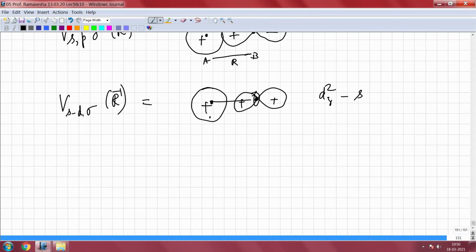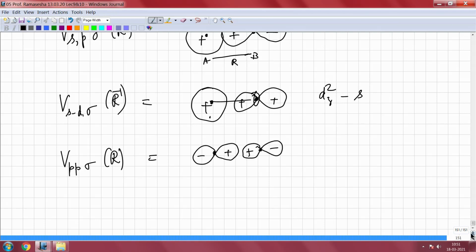And when it comes to interactions amongst the p orbitals, I can have VPP sigma of r, which is given by the p orbital on one side and the p orbital on the other side. This is the interaction which will be VPP sigma.